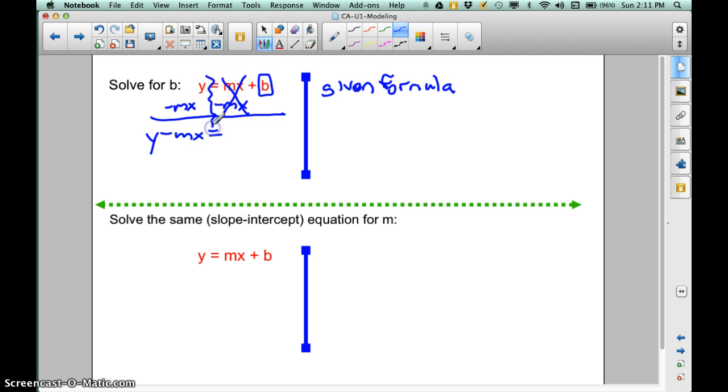Those of you who are a fan can write the line down the center where the equal sign is. And I have b left on the right side of the equal sign. b is now by itself, and that's how you know you're done, once the variable you're looking to isolate is alone on one side of the equal sign. What did you do to get here? Well, I subtracted mx from both sides, and so that's the subtraction property.